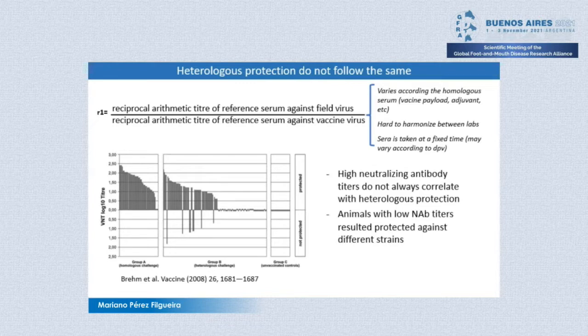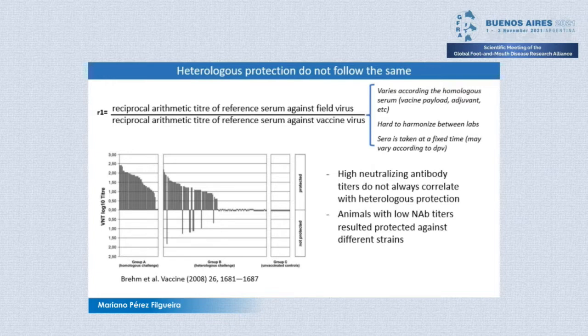One of these is that this R1 value varies according to the homologous serum, whether it is strong or not, and that will depend on the vaccine, the payload, and the adjuvant used to produce this sera. It's really hard to harmonize between labs, even when you are using the same reagents.